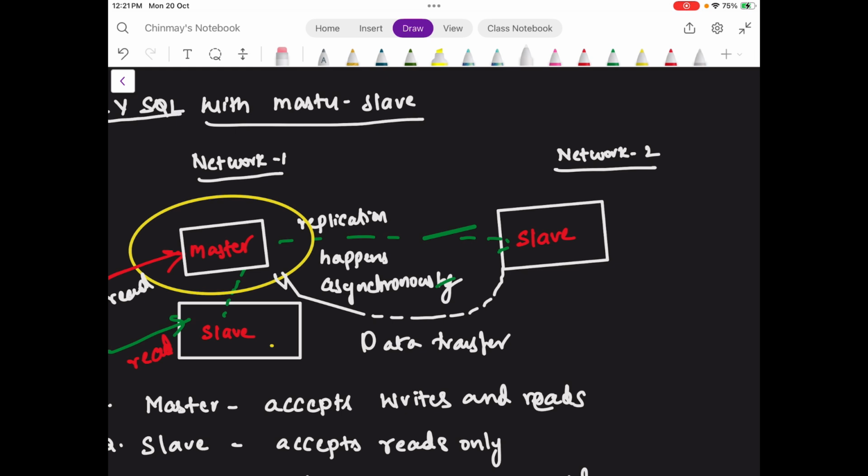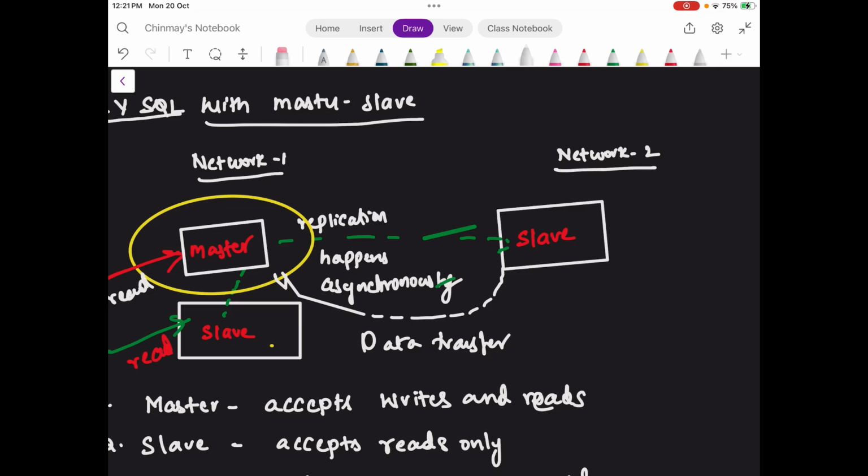This slave becomes the master, and this node acts as the master. If network 2 is completely down, what will happen? Within the two nodes, one of the nodes becomes the master.